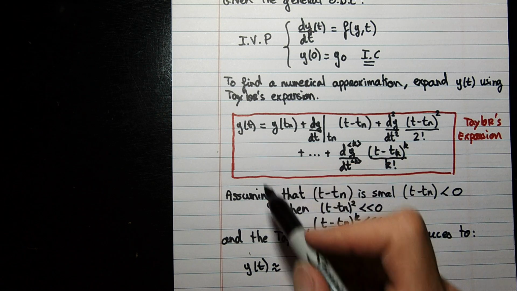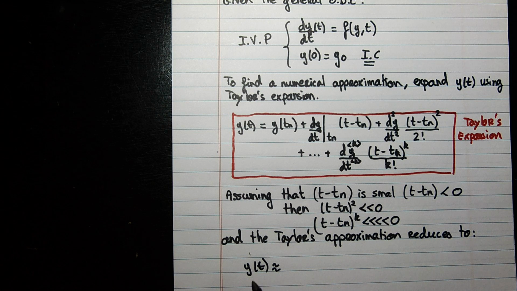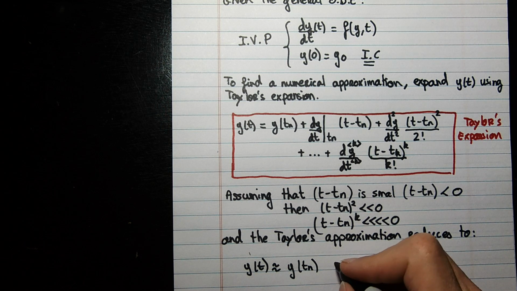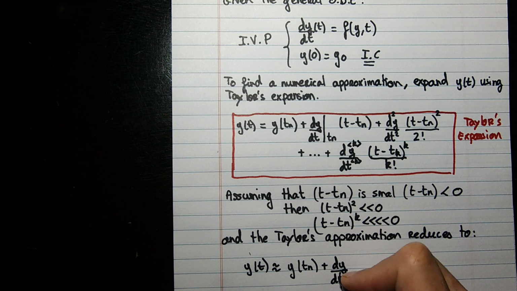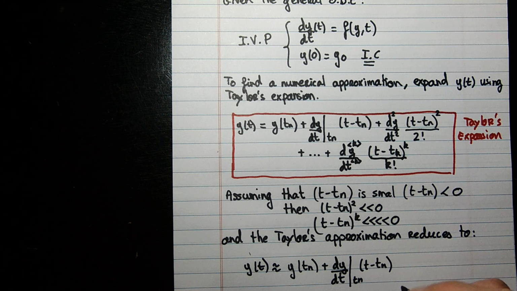Now I remove the equal sign because if we go to infinity it will be exact, but this now becomes just an approximation. It will be y of t_n plus dy/dt at t_n times (t minus t sub n), plus an approximation of the order of (t minus t sub n) squared. This will be the error that we are introducing.